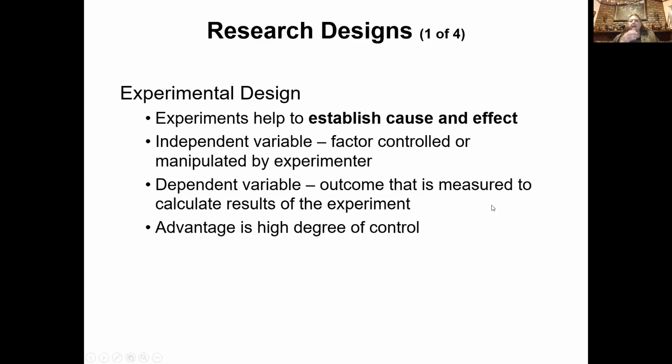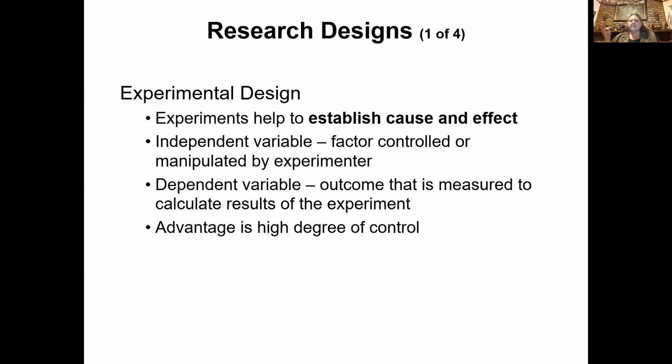For example, in one of my experiments, I injected animals with either 0, 2.5, 5, or 10 milligrams per kilogram of amphetamine. My independent variable was the amount of drug they received. The dependent variable was how fast they ran through the maze and how much they remembered.